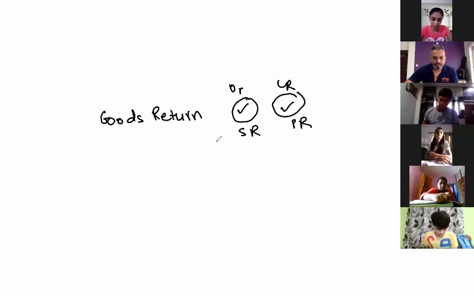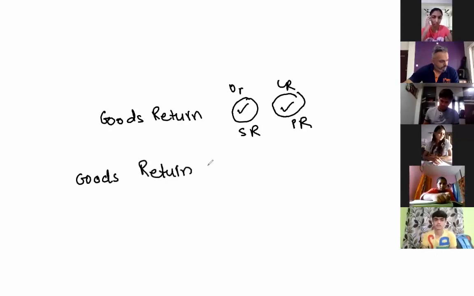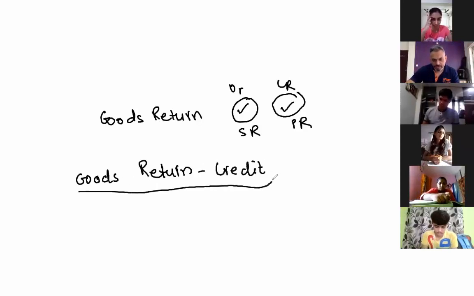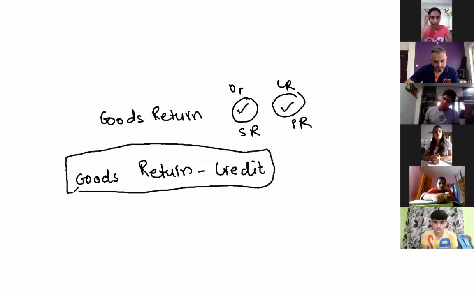But over here, what you can see is it is given goods return and it is given credit. It means what? Goods return credit means goods are returned with a credit note.